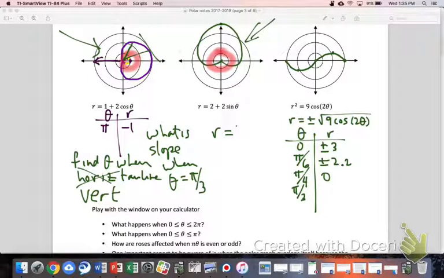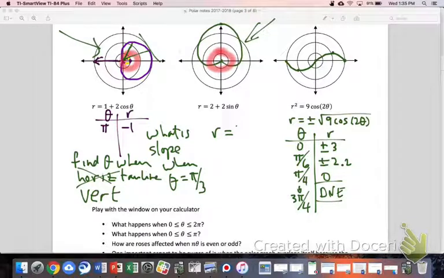So you're going to find that between pi over 4 and 3 pi over 4, nothing happens. So from pi over 4 to 3 pi over 4, it's like this space in here, DNE.